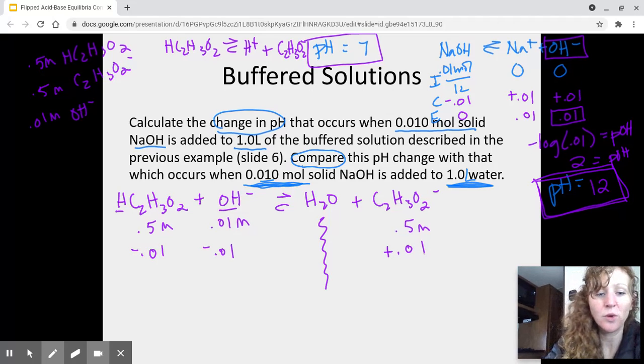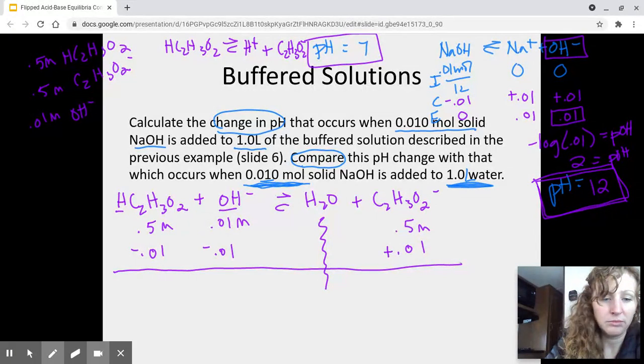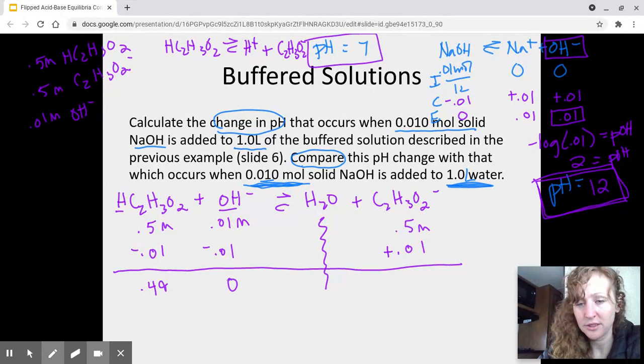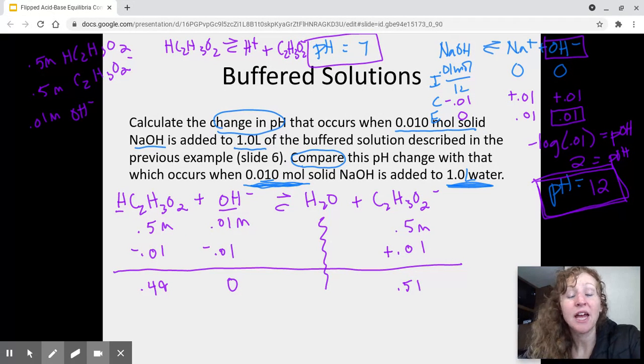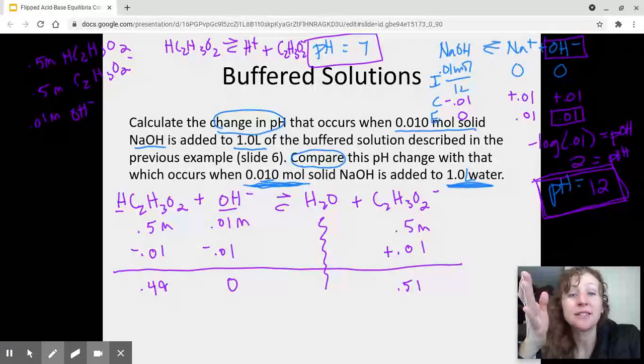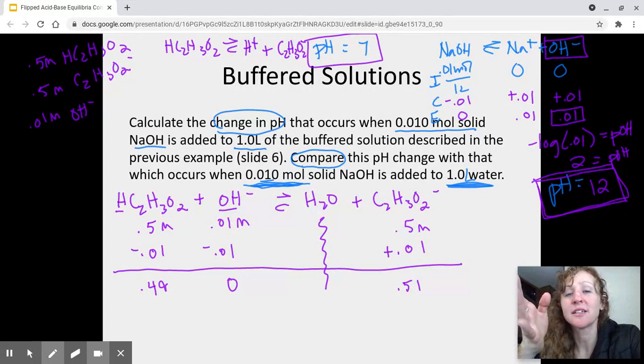So what are my equilibrium positions? 0.49, 0.51. This hydroxide has pushed and pushed until something is gone. Either the hydroxide's going to be gone or the acid's going to be gone.